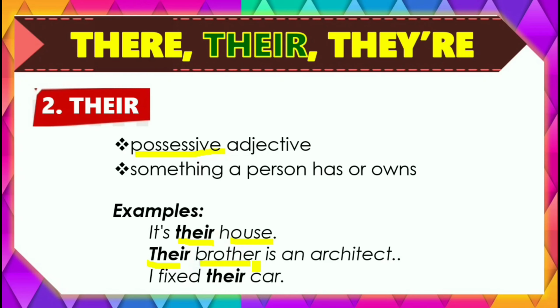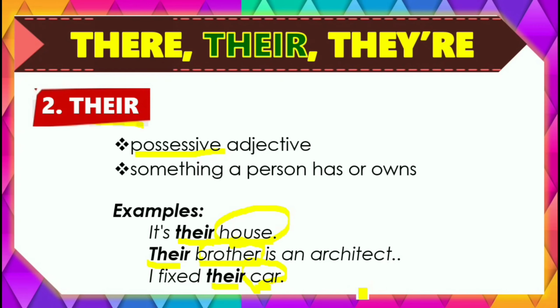Their brother. Not my brother, but their brother. I fixed their car. So their car, not my car, not your car, but their car. Always remember that when you use their in a sentence, usually it is followed by a noun. Their house, their brother, their car.